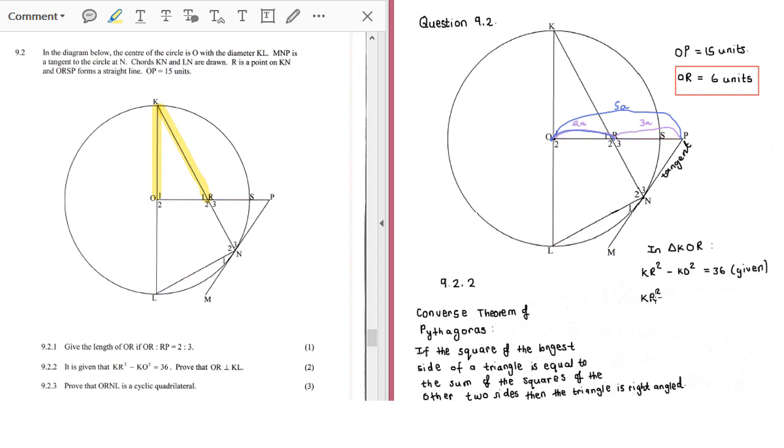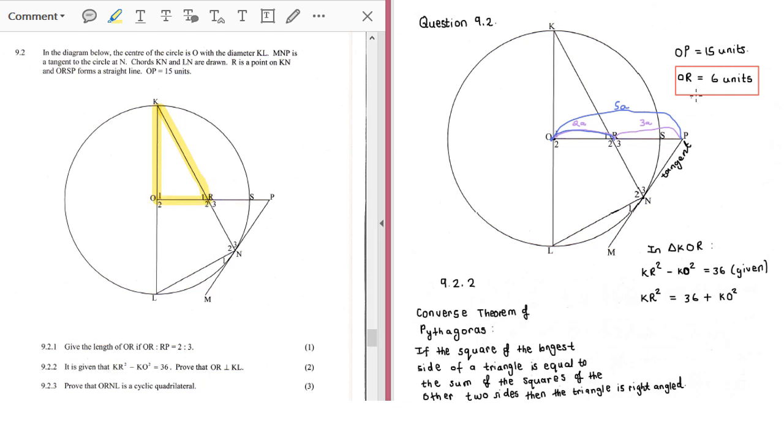If you rearrange this, it's going to be 36 plus KO squared. This is an O, I know it looks like a D. Now if you look over here, we already have the side KO, we are just missing the other side OR.